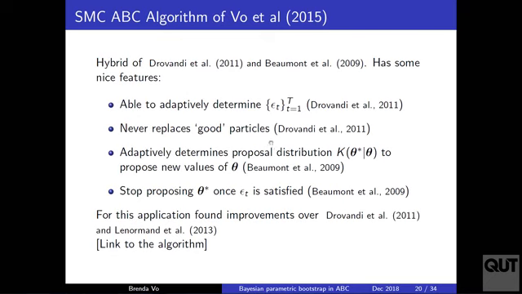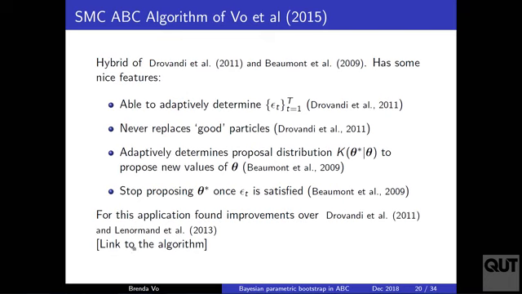Every time we move from one iteration to the next, if the particle theta i has generated a data set that is closer to the observed data, then that would not be replaced by the next iterations.